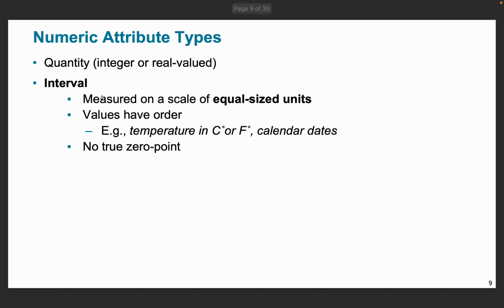Interval is measured on a scale with equal sized units. Values have order, like temperature in Celsius, Fahrenheit, calendar dates. No 0 point, as I just explained. Zero degrees Celsius doesn't mean there is no temperature.